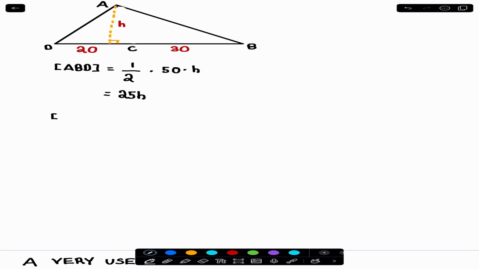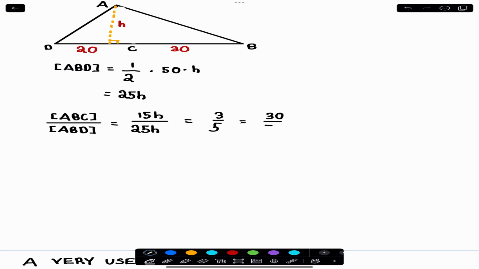So if we take the ratio that we're trying to find, we already found in the previous part this is 15h. We just found that this is 25h. After some simplifying, this ends up being 3 over 5, which is the same as 30 over 50, which is the same as BC over BD.